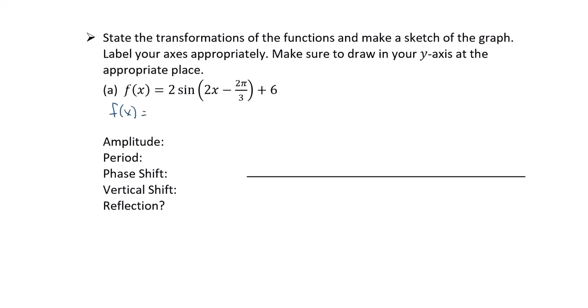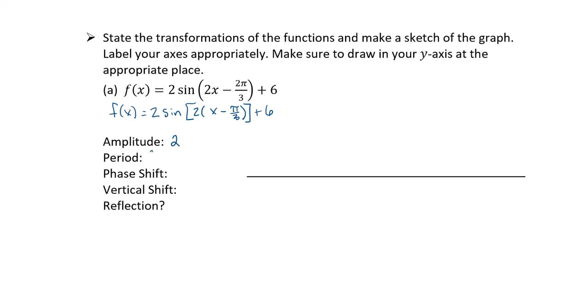F of x equals 2 sine of 2 times x minus pi over 3, just factoring out b, plus 6. So I know my amplitude is sitting right here of 2.